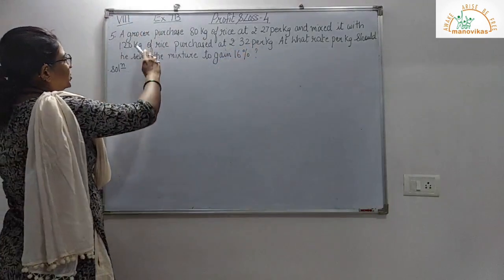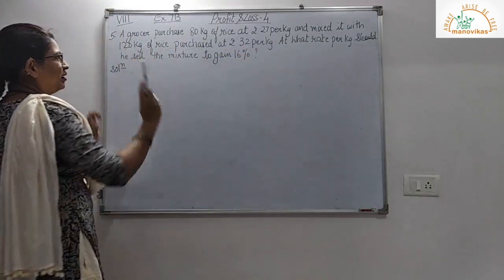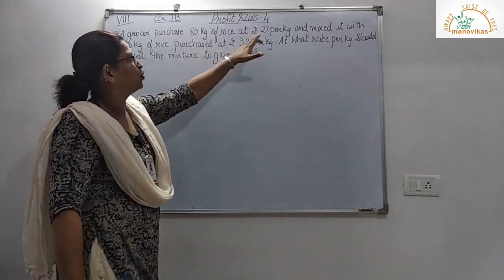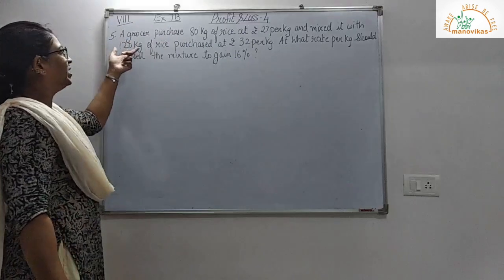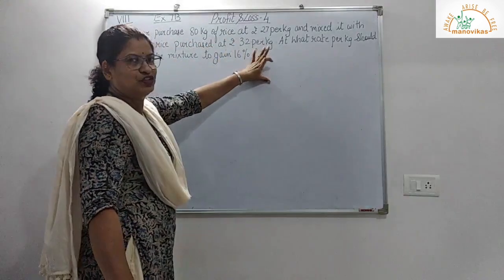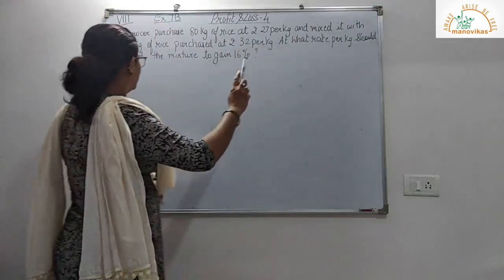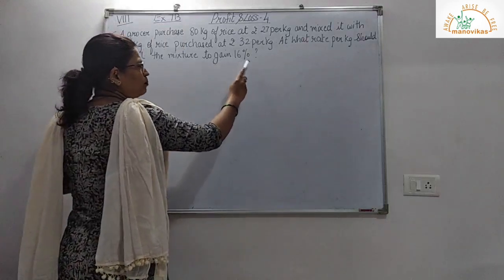So he purchased a total of 120 and 80, that is 200 kgs of rice, but 80 kgs of rice he purchased at rupees 27 per kg and 120 kg of rice he purchased at rupees 32 per kg. At what rate per kg should he sell the mixture to gain 16%?